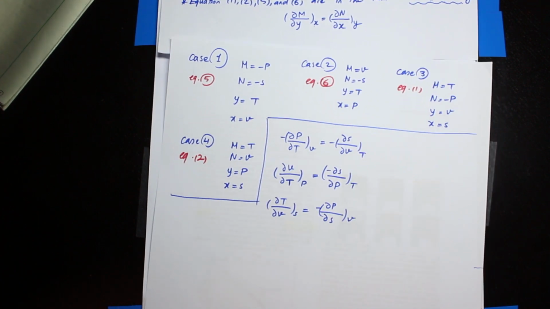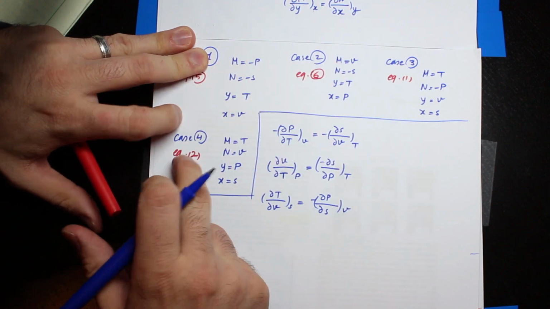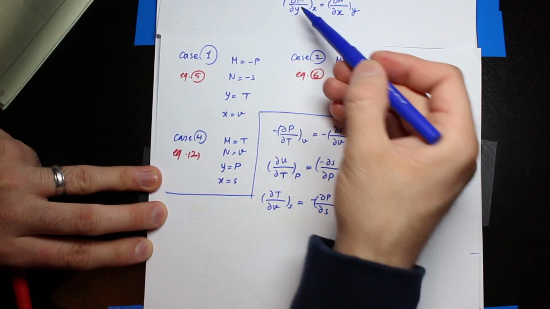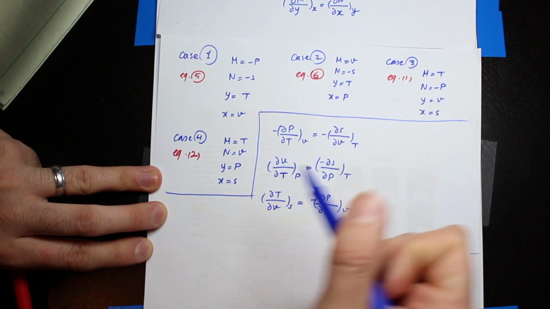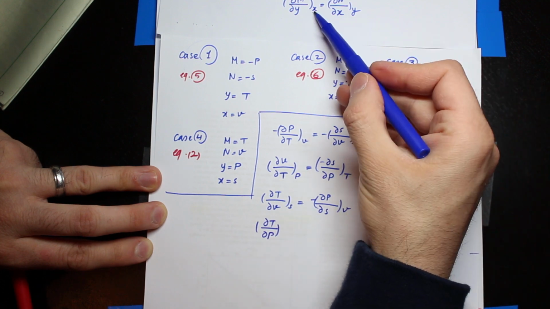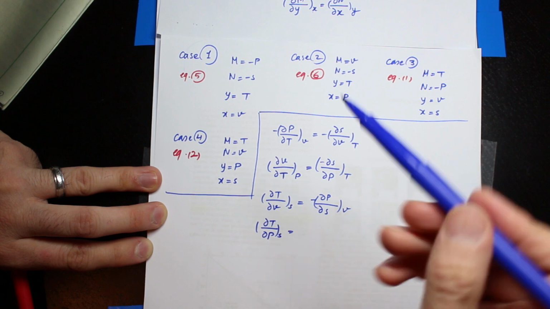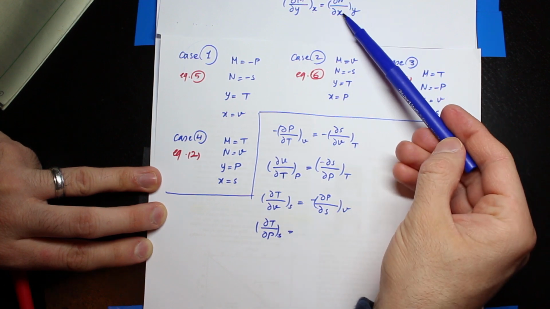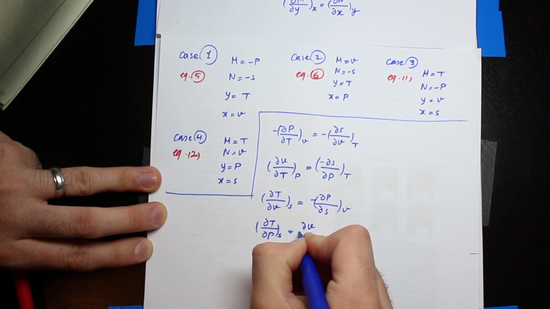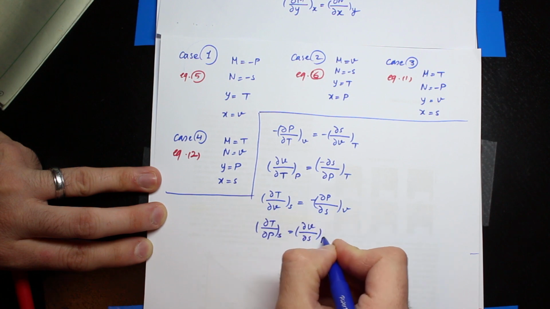And finally, I can do this general form of equation into case number 4, and that gives me partial m partial y, which is partial t partial p when x is constant and x being s entropy is equal to partial n partial x, which is partial v partial s when y is constant and y is pressure here.